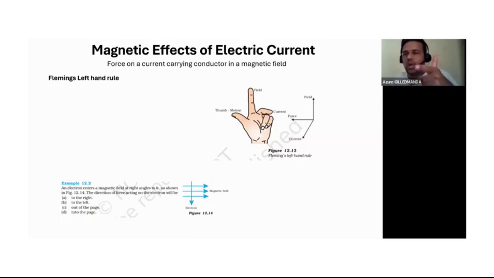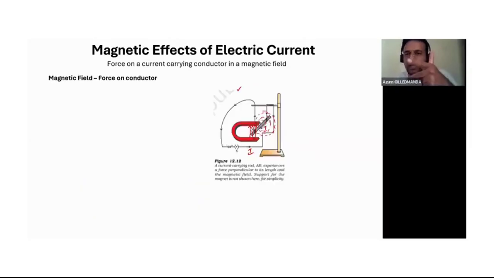So in our earlier case, let's move back. I have the electric current, which is the middle finger, and the direction is towards me, from B to A. And the magnetic field is upwards.